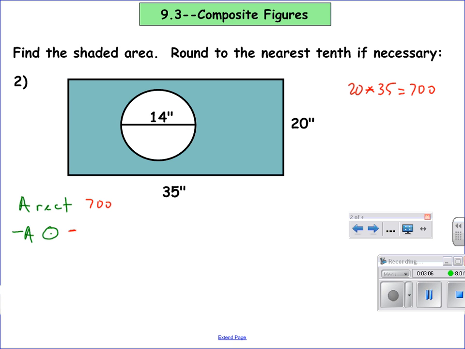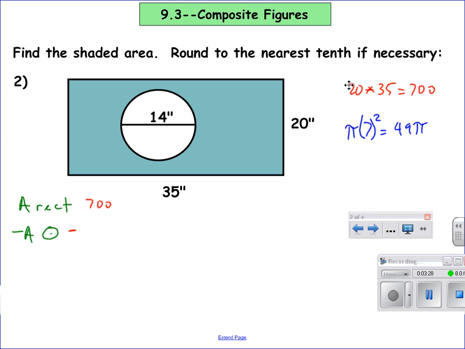Minus, let's see, the area of the circle. Okay, they gave me the diameter. So I know the area of the circle is pi times r, which must be 7. 7 squared. So pi times 7 squared. Be careful how you put that in your calculator. Should get 49 pi. For right now, we'll just leave it that way.